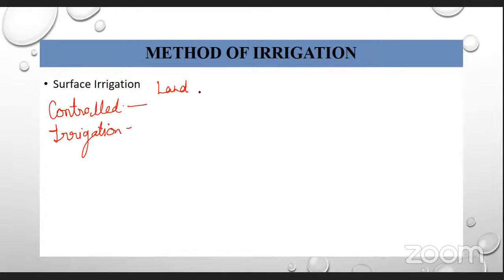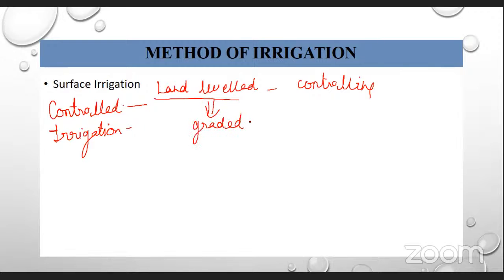In controlled irrigation, the land is going to be leveled or graded or subdivided by means of channels and ridges, because here we are controlling the flooding. That's why the land is leveled, graded, and divided into channels and ridges.